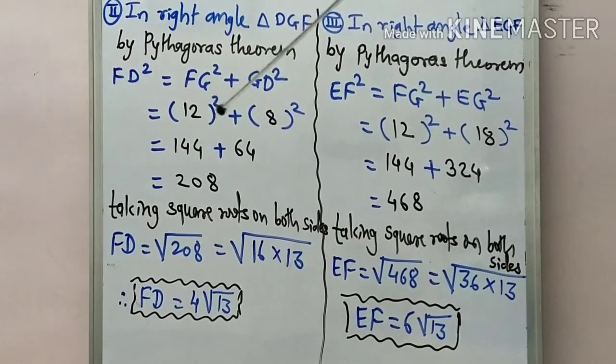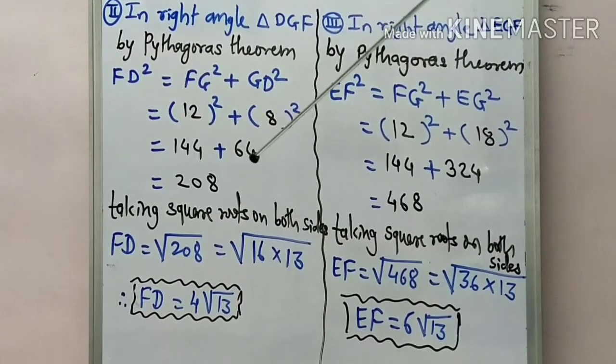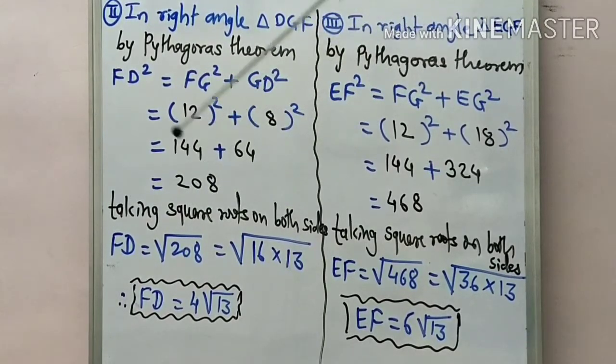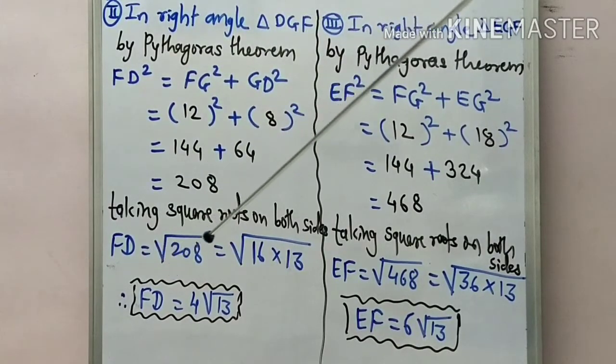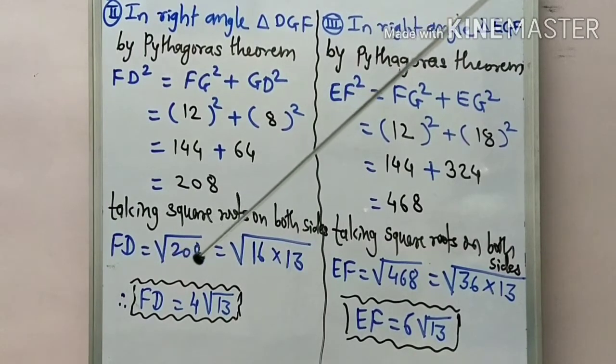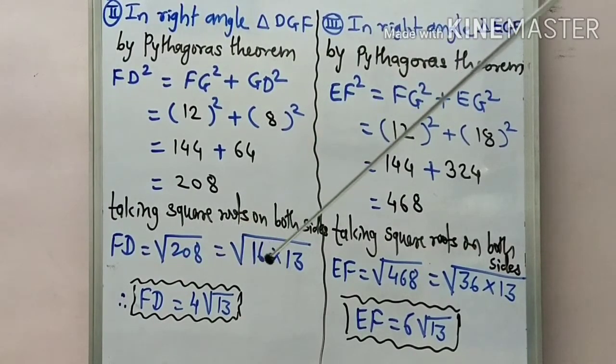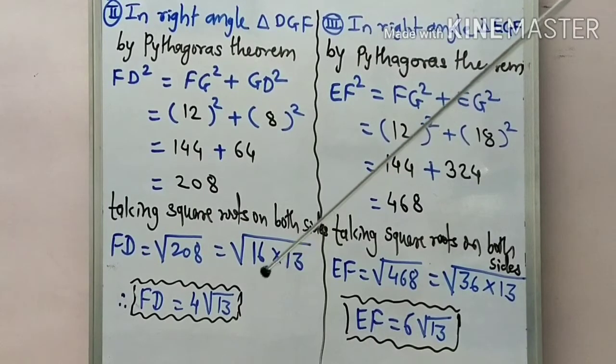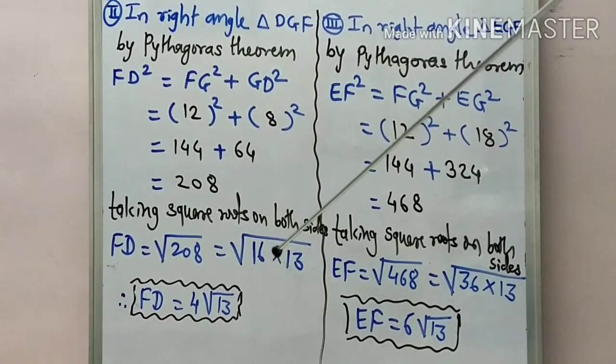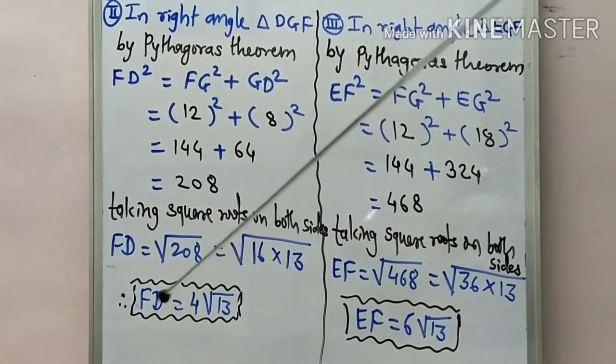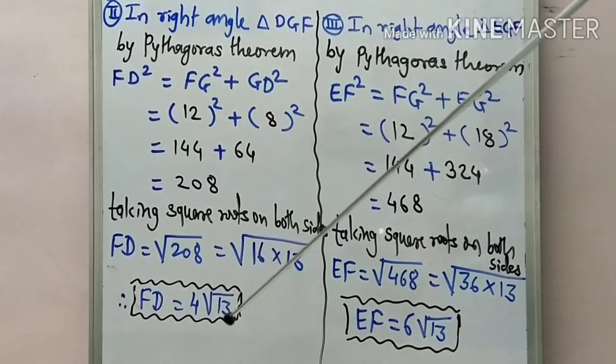So square of 12 plus square of 8, 144 plus 64, that addition is 208. So taking square roots on both sides, FD is equal to what? 208 is not a perfect square number, so we write it in square root sign, but 208 is factorized as 16 into 13, and hence we write the square root of 16 outside as 4, and therefore FD is equal to 4 root 13.